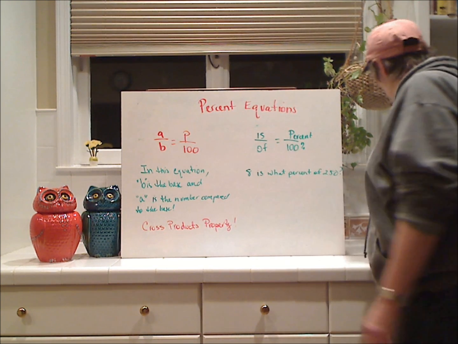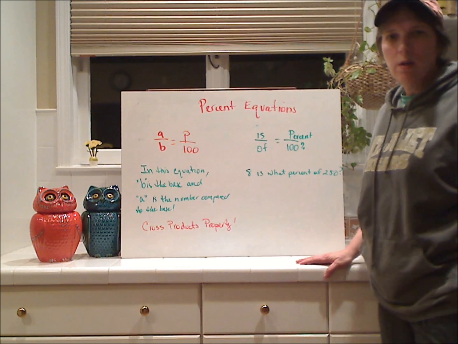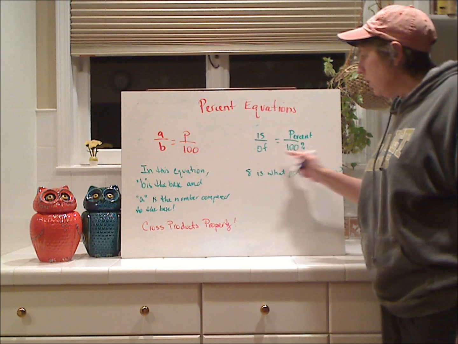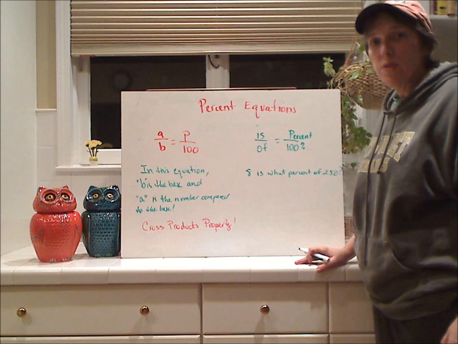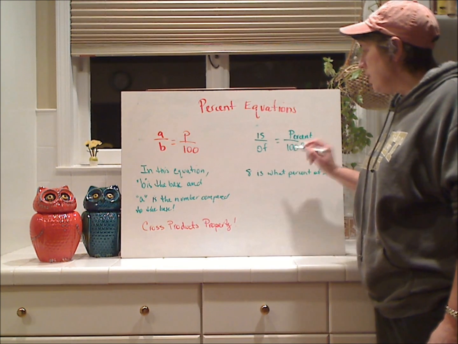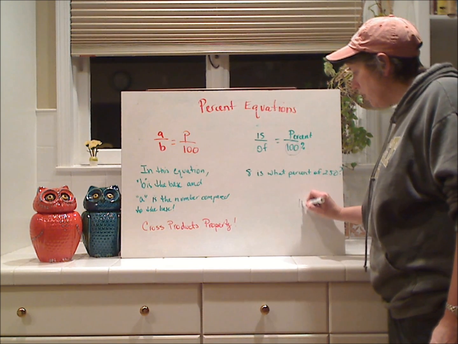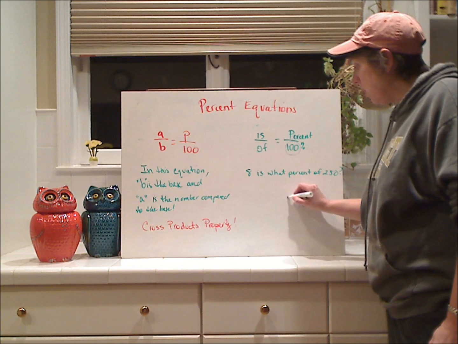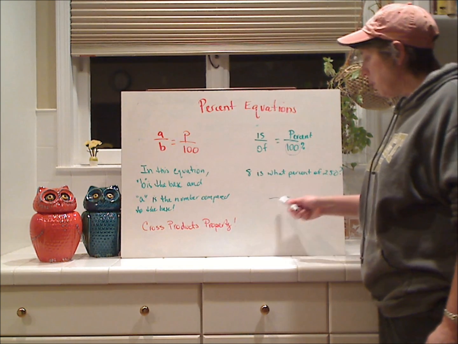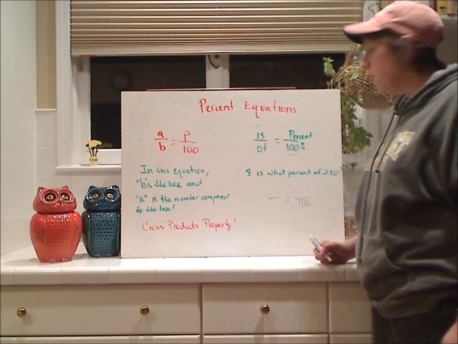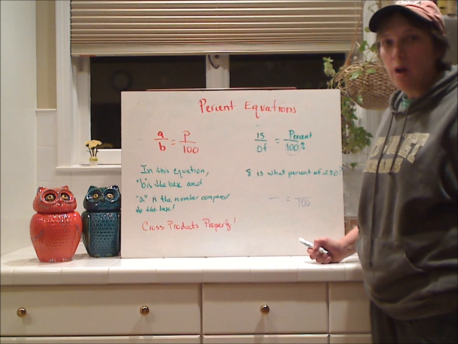So if we do 8 is what percent of 250, we're going to use this proportion or the percent equation. Remember we always have this number, 100, because that's part of our equation. So we're going to write down the two fractions of the percent equation, and we're going to fill in the 100.